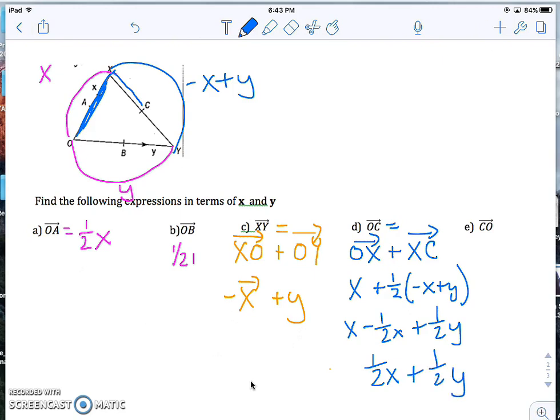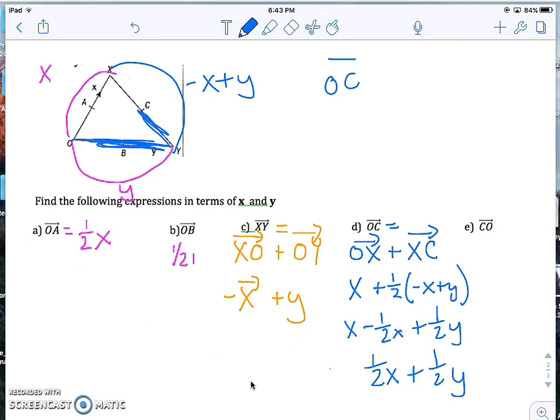And some of you might have looked at this and said, well, to get from O to C, couldn't we go this way?